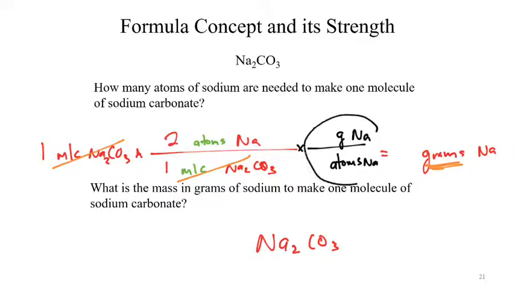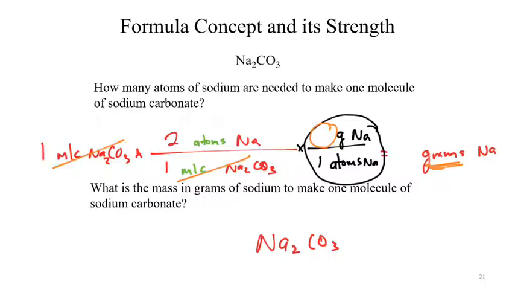Now we have a potential issue. That potential issue is that atoms are really, really, really tiny. If I look at a single atom of sodium, the gram value is so astronomically tiny that I can't measure it.